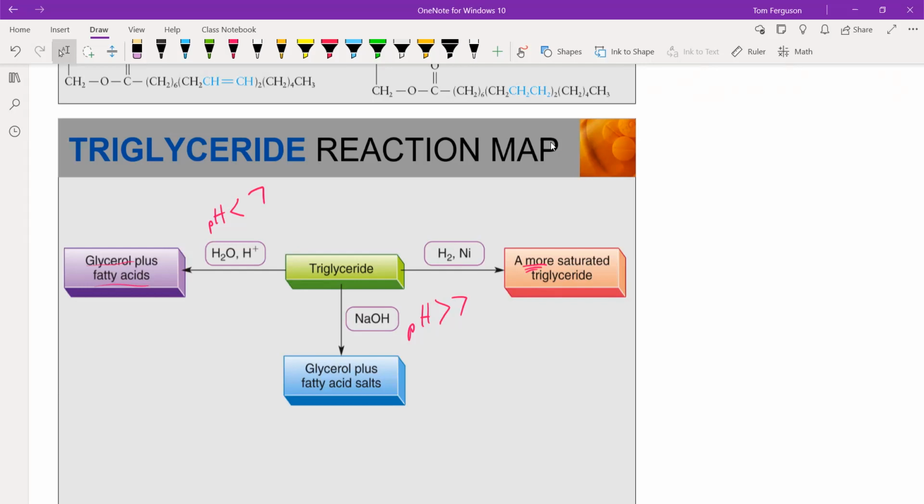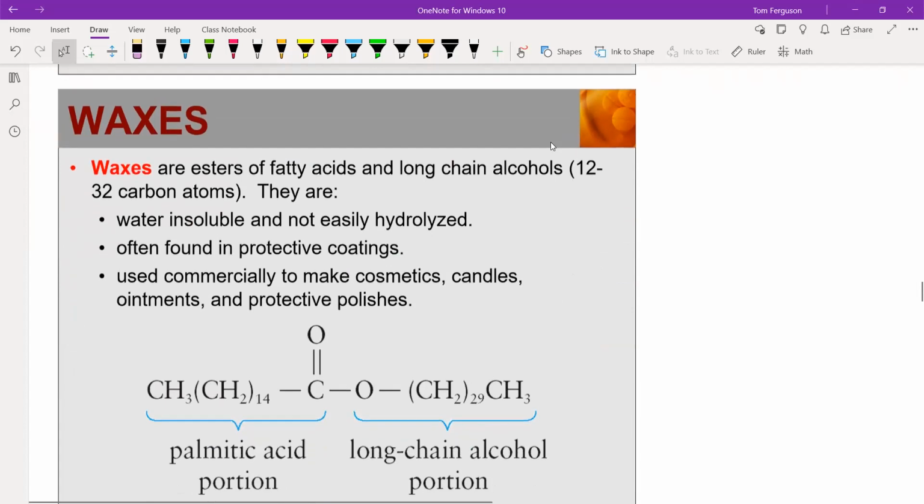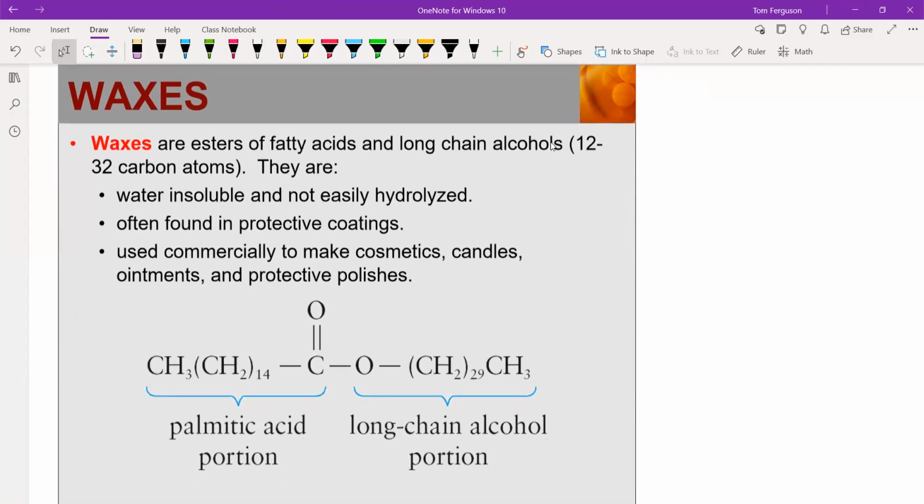Okay, so any questions about triglycerides? Okay. All right. Now, a wax is the simplest one. It's simply a long acid and a long alcohol together.